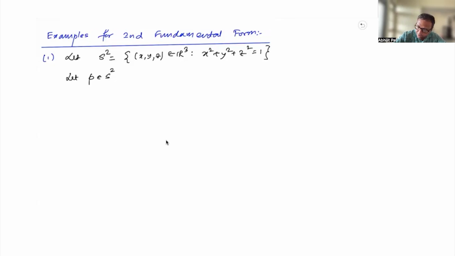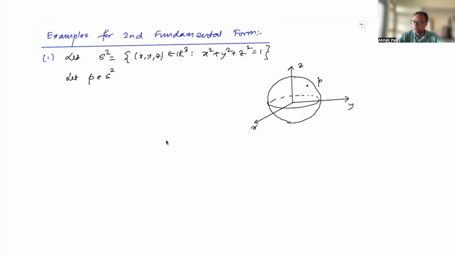Let me draw this unit sphere. These are my coordinate axes, and this is my unit sphere. And this P is this point on the unit sphere.